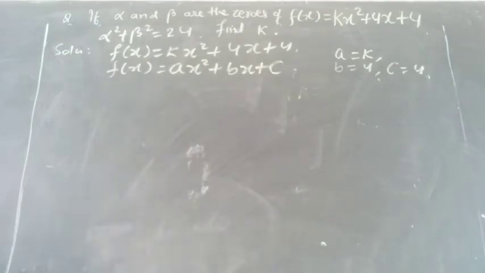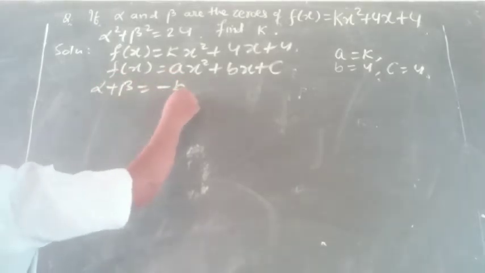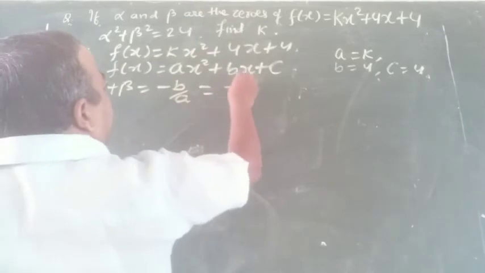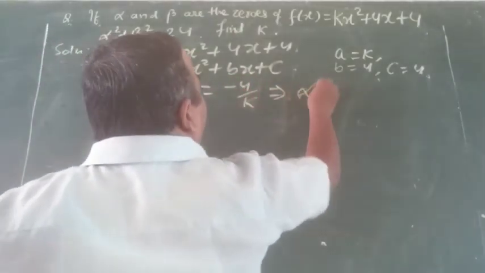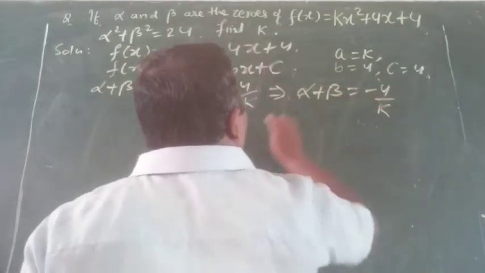Now find the relation: alpha plus beta equal to minus b by a, it will be minus 4 by k. So alpha plus beta equal to minus 4 by k. This is the relation number 1.